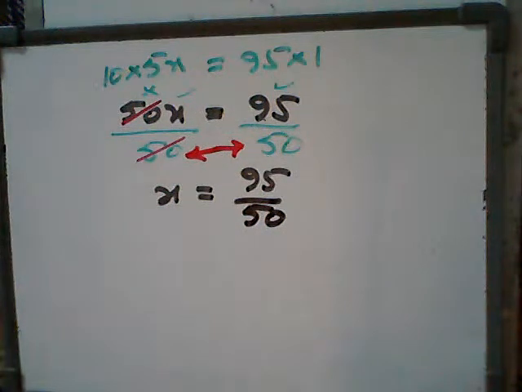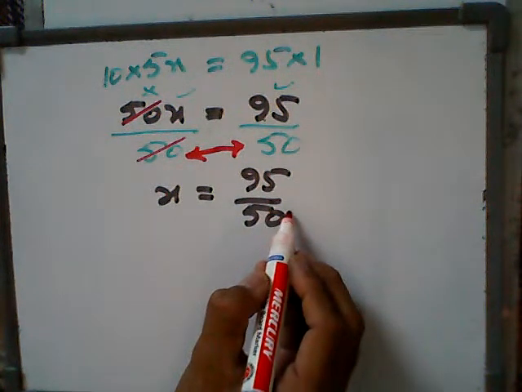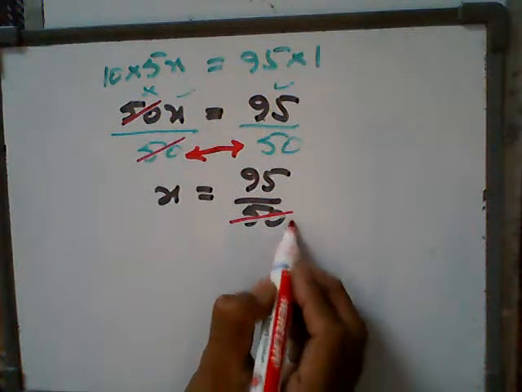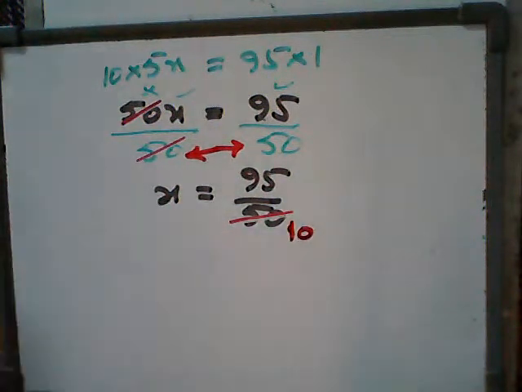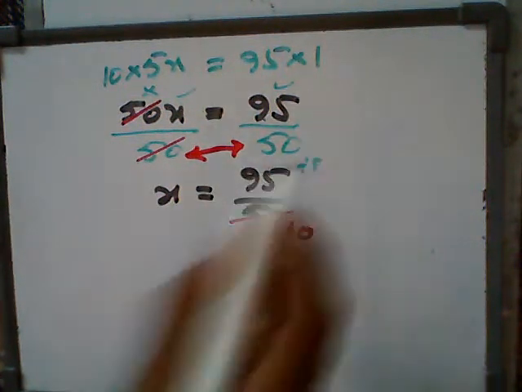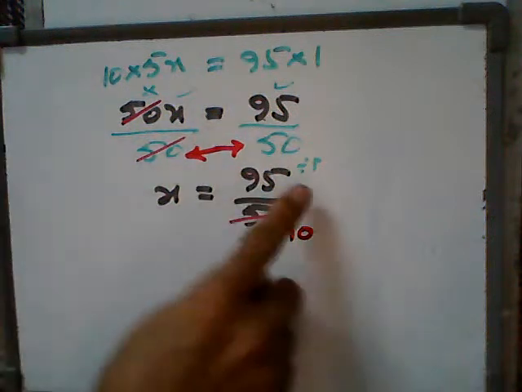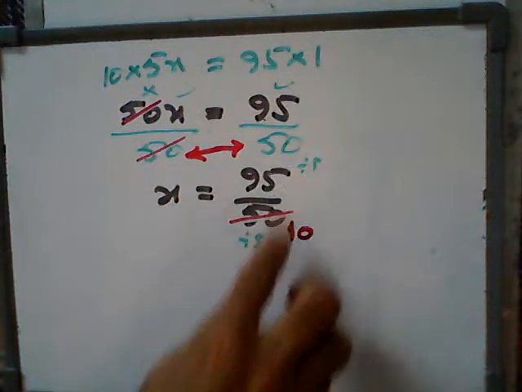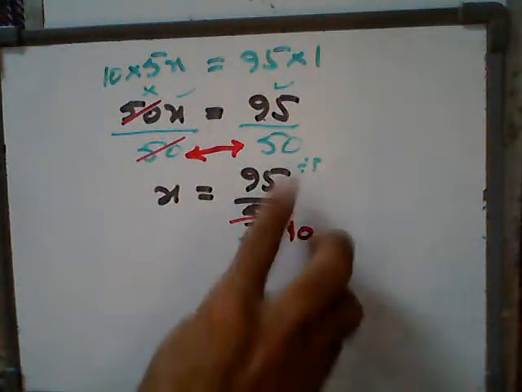But you can see that this can be simplified further. 5 tens are 50, because it is divisible by 5, and this is also divisible by 5. So if both numbers are divisible by the same number, then we divide and simplify.